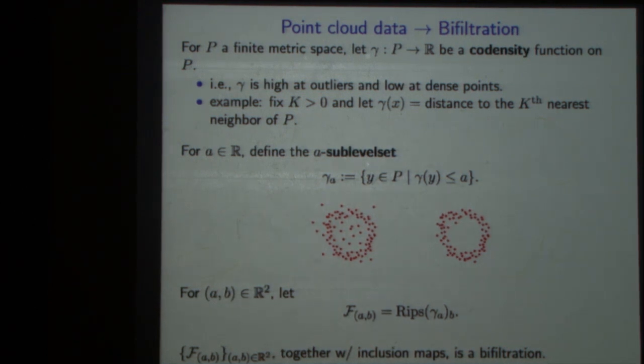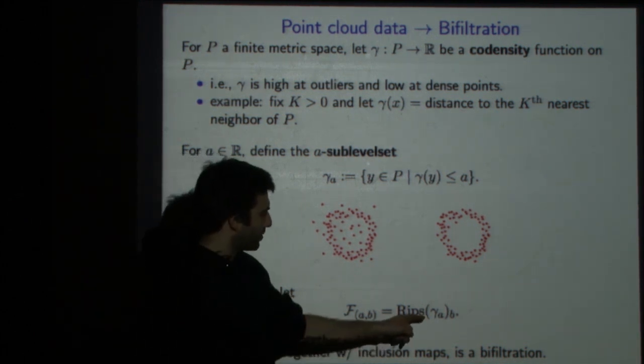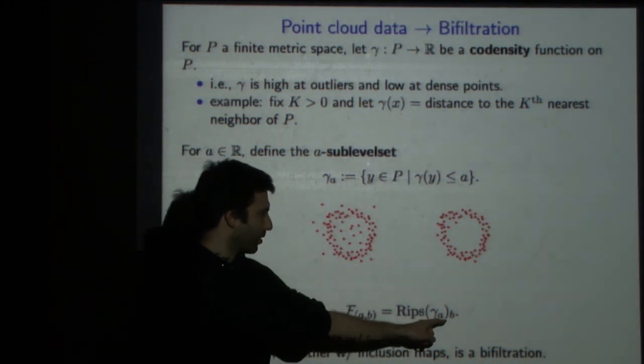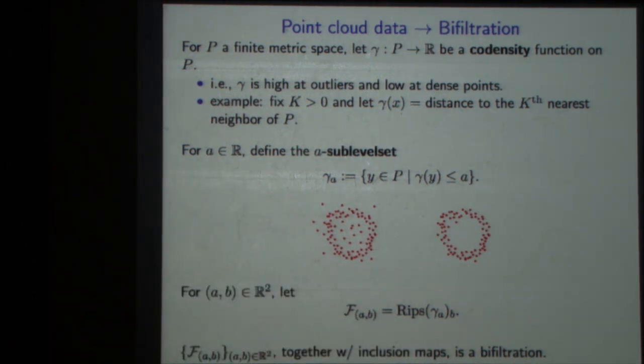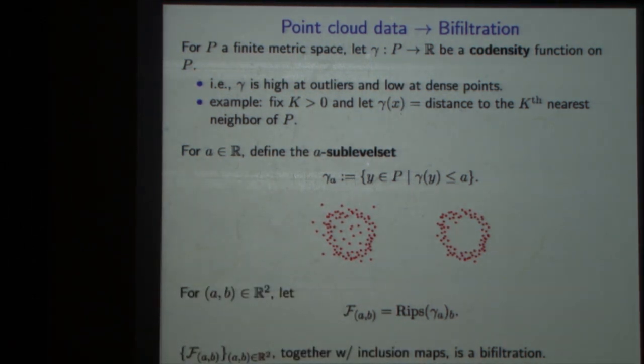Okay, and so now finally, to define a bifiltration for a, b in R2, I let f sub a, b denote the Rips complex on gamma sub a, this cleaned up data set, with scale parameter b. And so as a grows larger or b grows larger, these objects grow bigger.